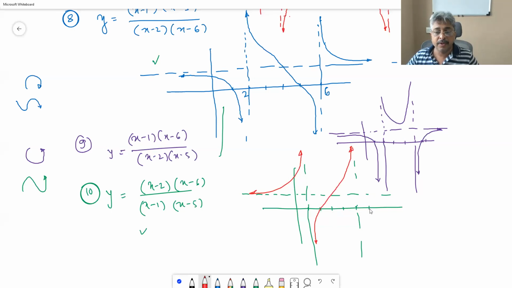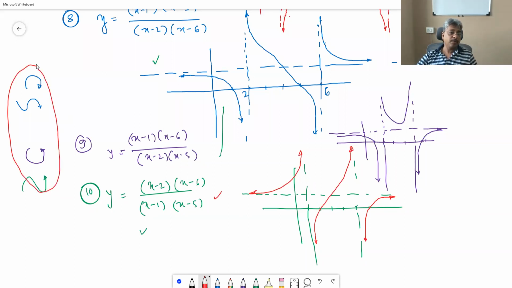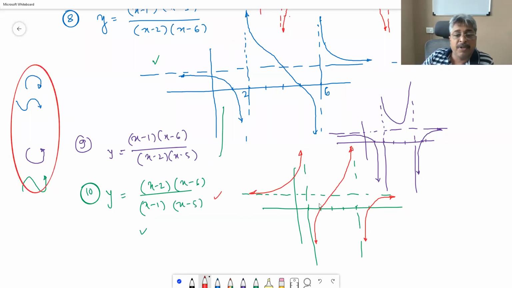And at x is equal to 6, it is 0. This is the nature of 10. So these are the 4 patterns that we can have, and these are the 4 different graphs. So you should do it very quickly now.